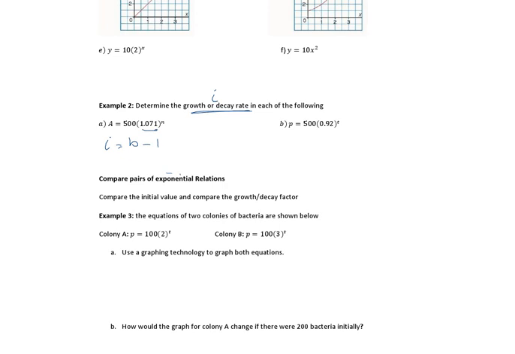So 1.071, take away 1, gives me 0.071. This is I, but I should be in percent. How can I change this decimal to a percentage? Times it by 100 and we're done. That's 7.1. So whatever you have, it will be growing by 7.1%.